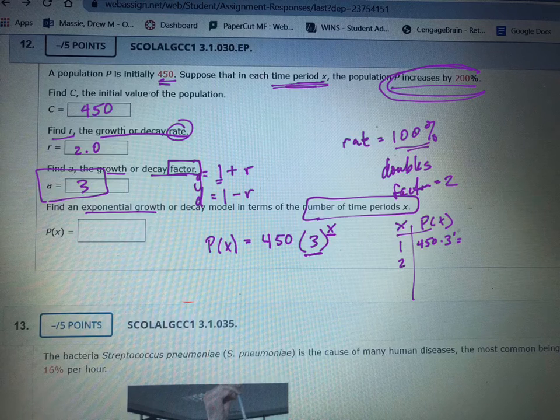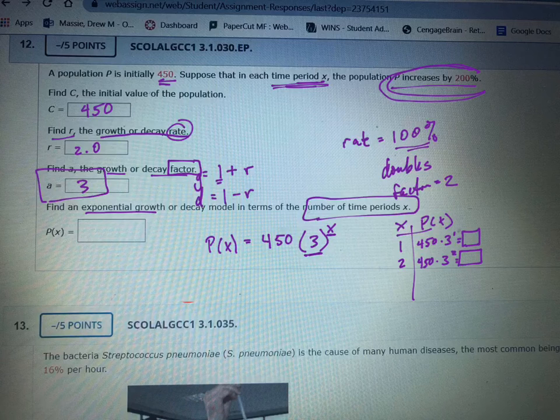After 2 time periods, what is that going to be? It's going to be 450 times 3 twice. In other words, multiply that number that you had here by 3 again, and you'll see that that's how that works.